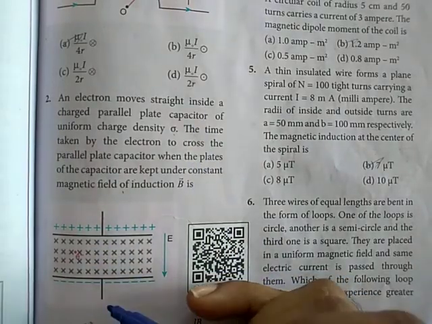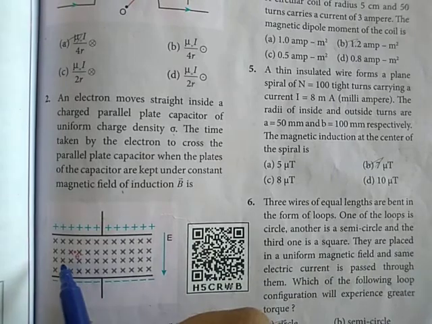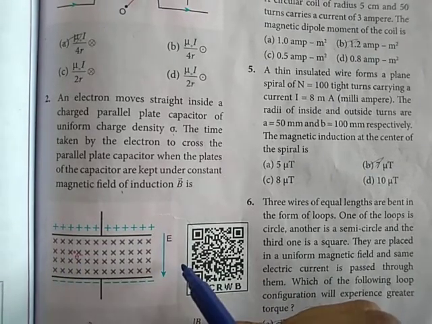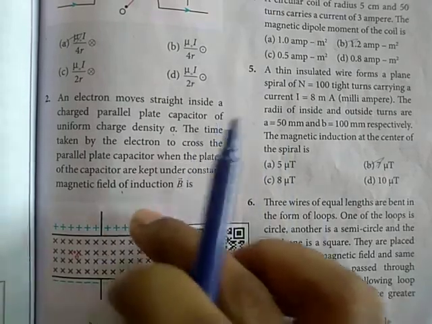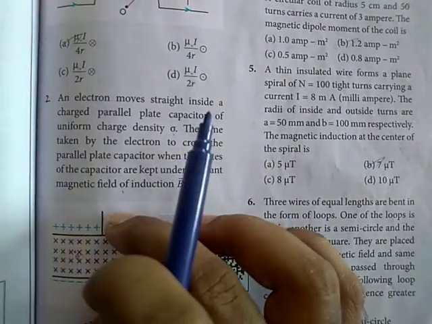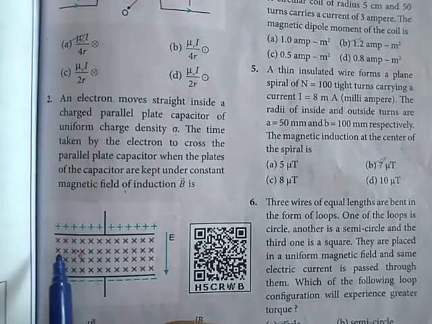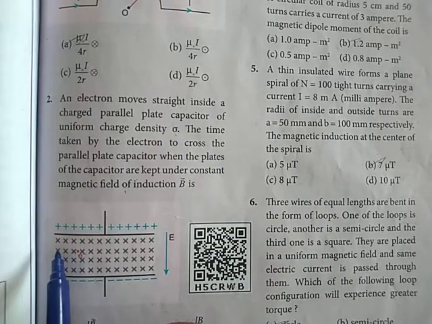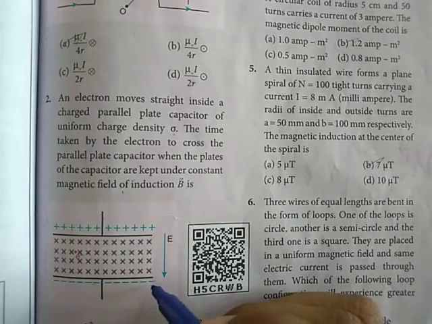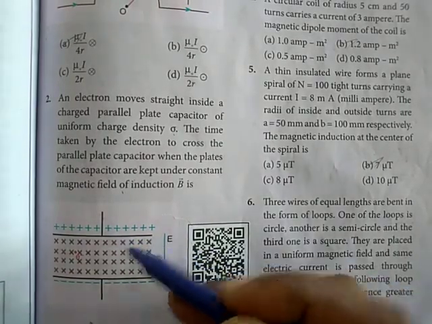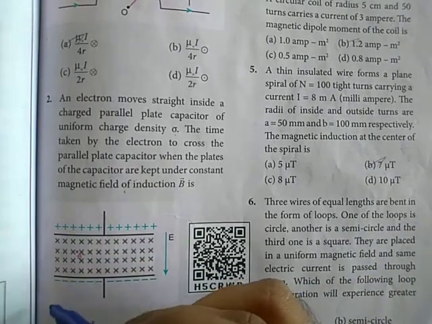In between the parallel plate capacitor, the electron moves with a velocity v in a straight direction. It does not deviate here. The parallel plate capacitor is placed in a uniform magnetic field. They are indicated as cross, so the magnetic field is going into the sheet. The electric field goes from positive charge to negative charge.